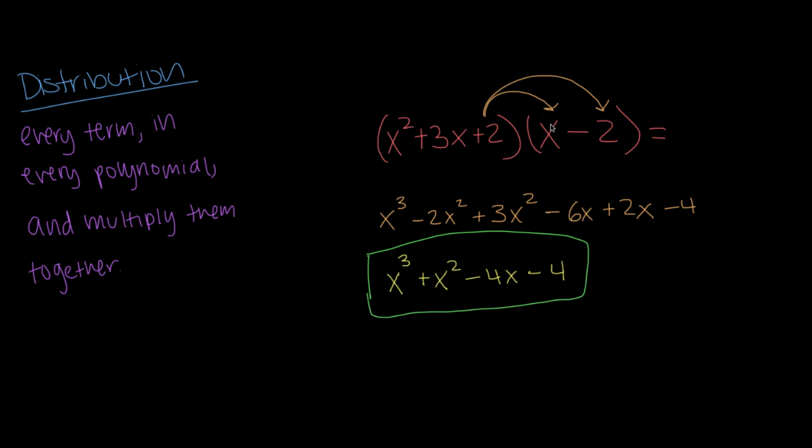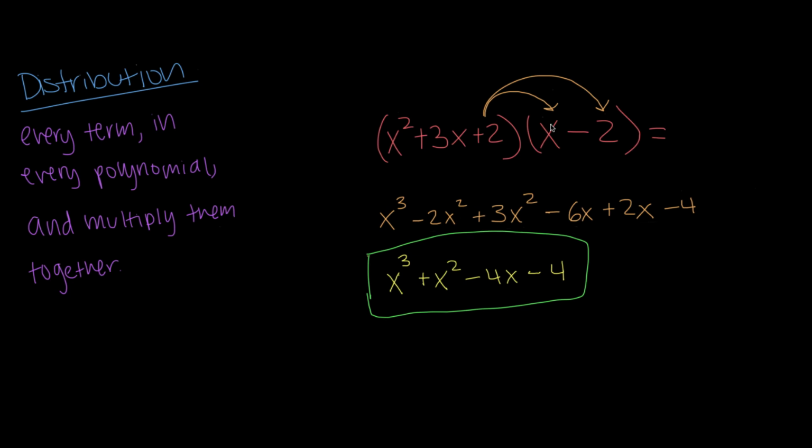So here's why I like distribution better than FOIL. With FOIL, you're restricted to only multiplying binomials together. If you're trying to multiply two trinomials together, or a trinomial times a binomial, or if you want to multiply a quadrinomial times a trinomial, you won't be able to do that with FOIL.